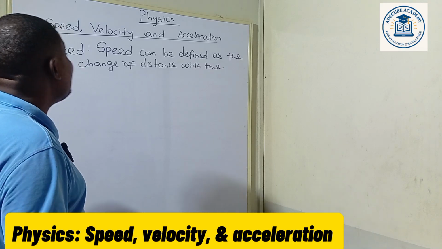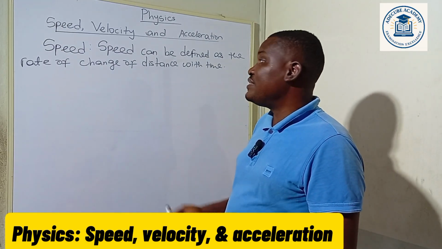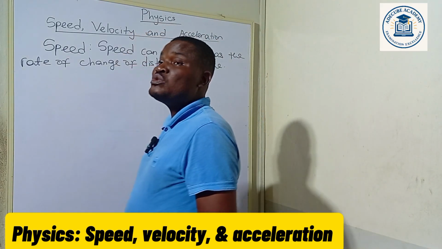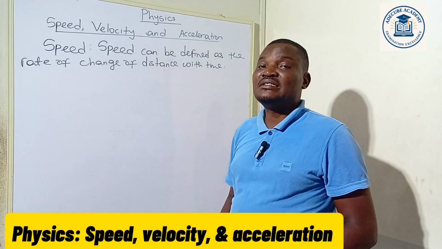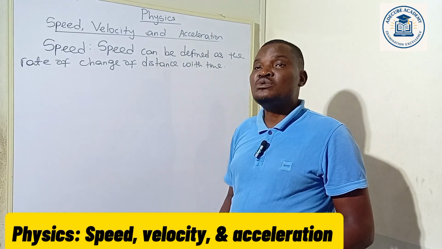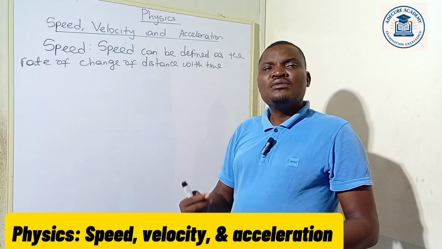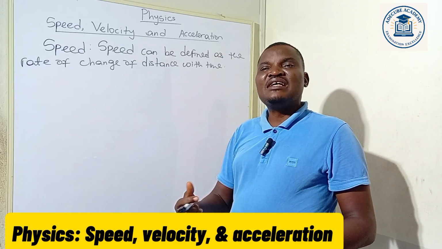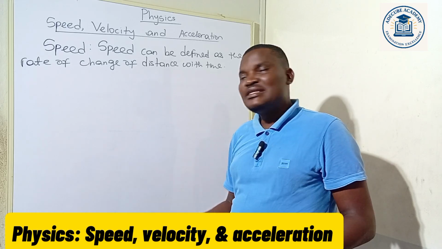It can also be defined as the change of distance or position in respect to time. It can also be defined as how much distance you want to cover in a particular time.